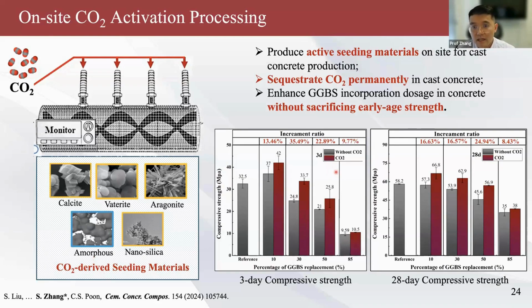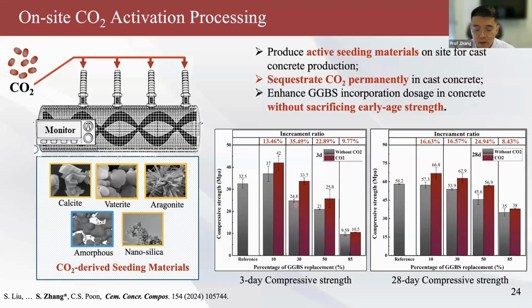The high dosage of GGBS in concrete always faces a challenge: low early-age strength, because GGBS normally kicks in only after 28 days. But by using our reactor seeding material, we can significantly enhance the strength of GGBS-incorporated concrete.